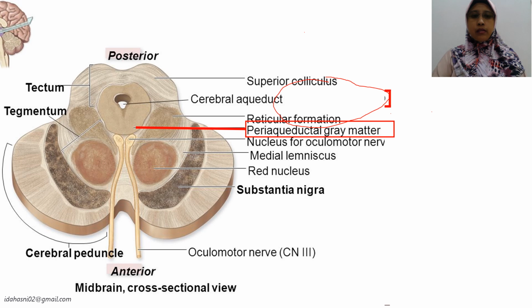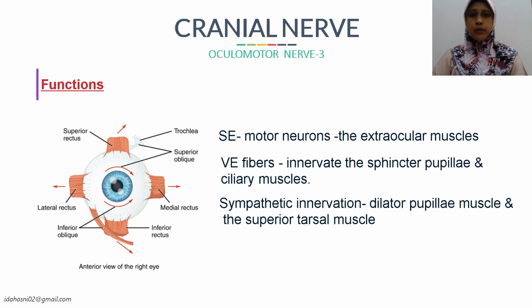And this is the location of the periaqueductal gray matter at the midbrain level. If you can see, this is a cross-sectional view of the midbrain. The oculomotor nerve has smaller subnuclei that contain somatic efferent motor neurons that innervate all the extraocular muscles except the superior oblique and lateral rectus.